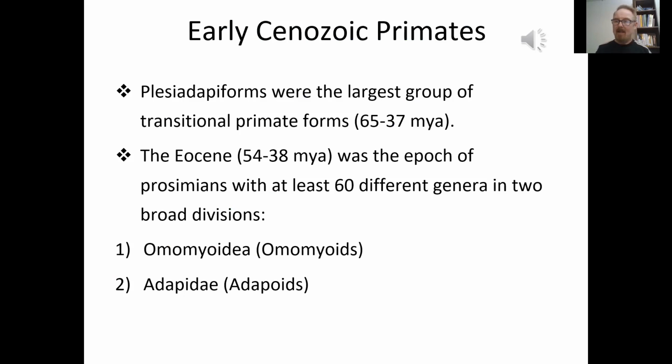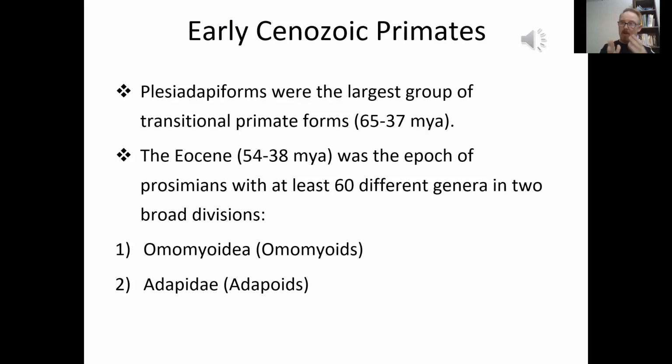Okay? So they began just about 65 million years ago. So we see that 66 million year point with Purgatorius, next by the Adapoids. And again, they're not just one species. This is a group of allied species, a genus allied with a lot of different species. And they're going to be doing their transition up into about 54 to 55 million years ago.